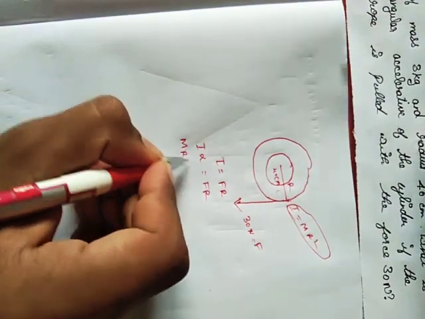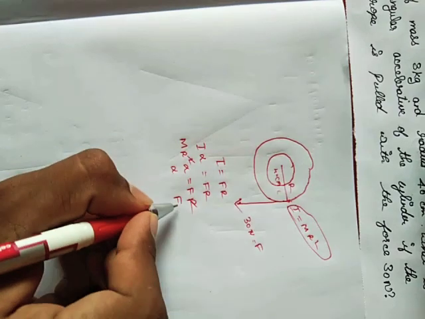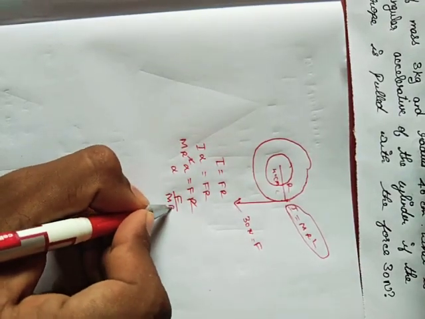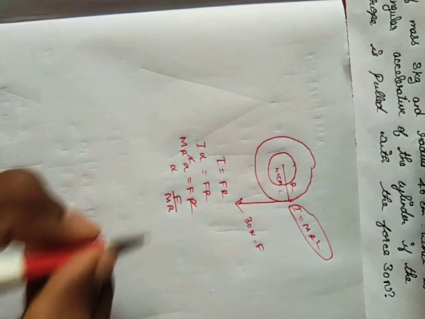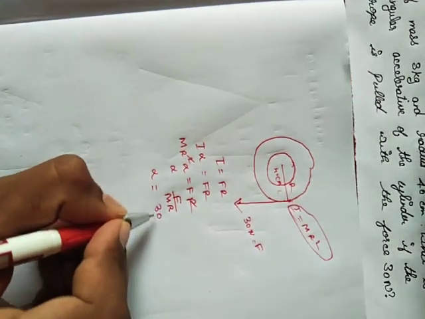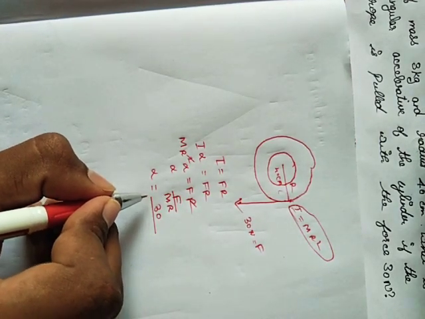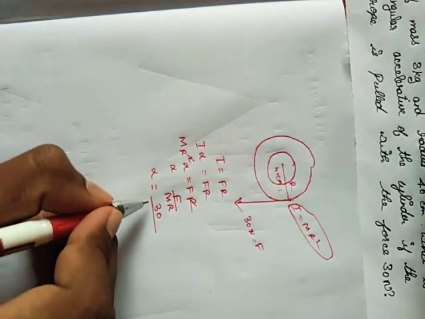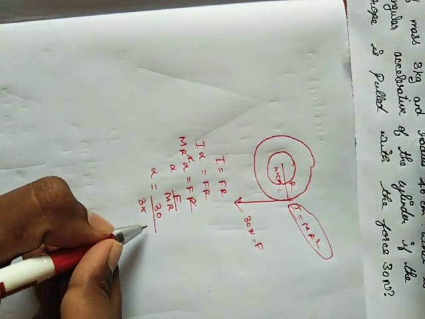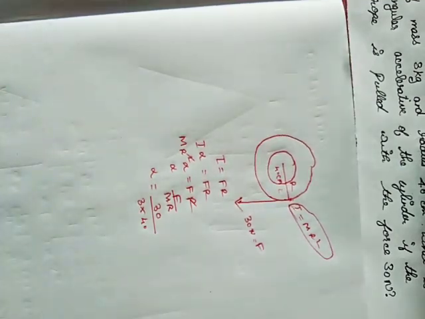So I'm making here M R square into alpha equal to F into R. The R square and R would be cancelled. Alpha equals F by mR. What's the F value? 30 Newton, divided by the mass, which is 3 kg, by the value of R, which is 40 centimeter.